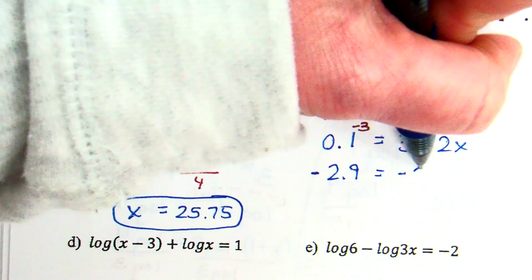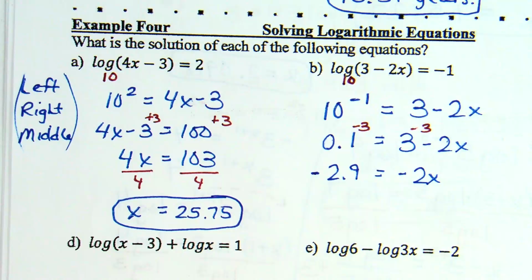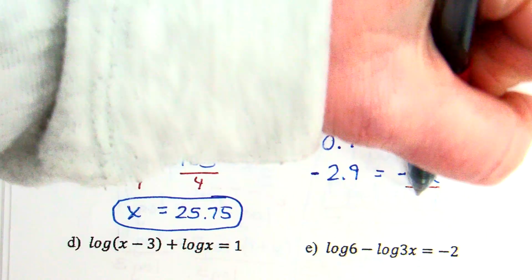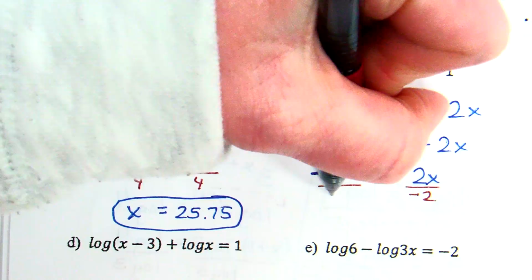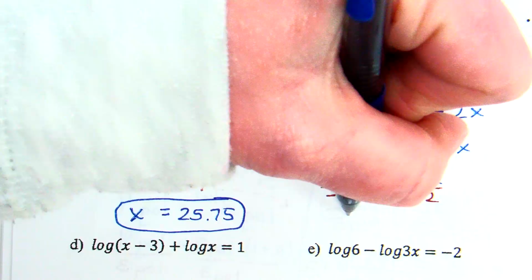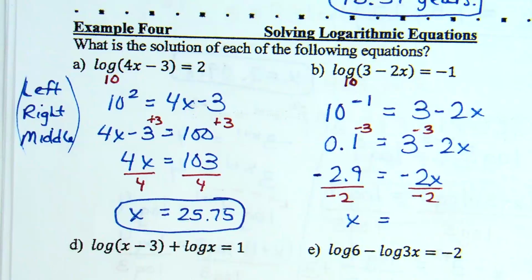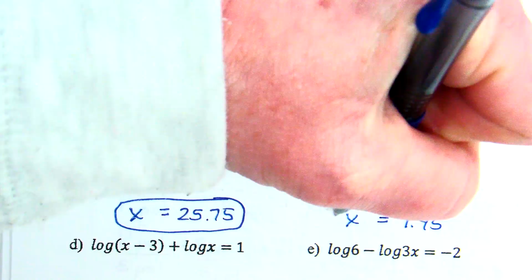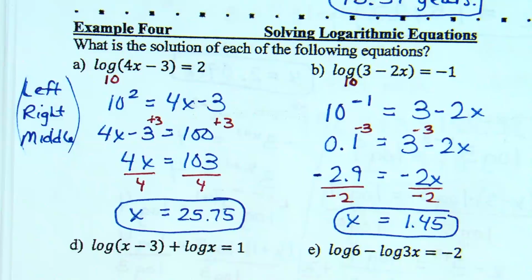Negative 2.9 equals negative 2x. To solve for x, I'm going to divide by negative 2. Negative 2.9 divided by negative 2 is positive 1.45.